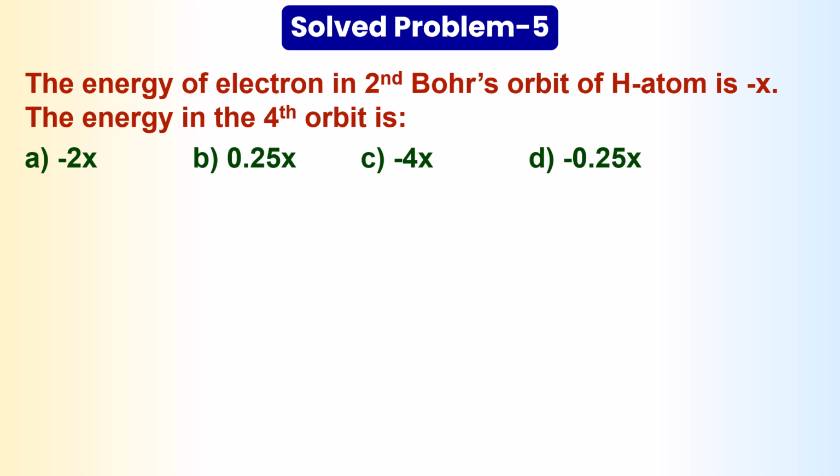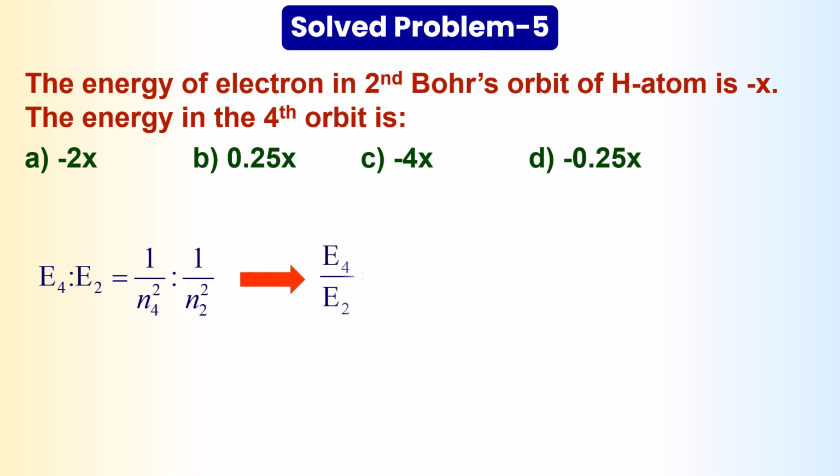For a given atom, the energy of an electron is proportional to minus 1 by n square. Therefore, the energies in different orbits follow the ratio E4 is to E2 is equal to 1 by n4 square is to 1 by n2 square.